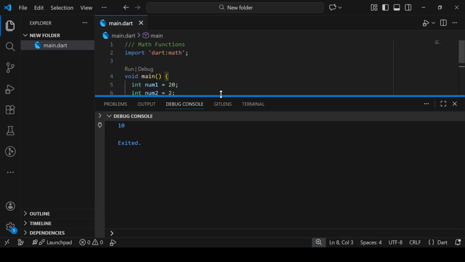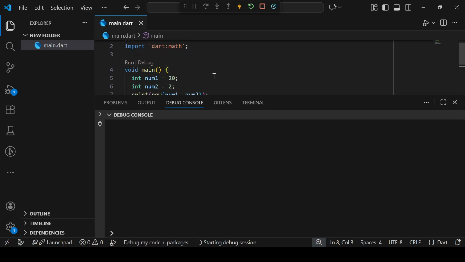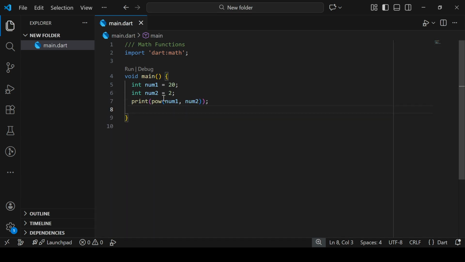Now I run it. You can see 400 is printed. So this is the pow method that takes two parameters: the first parameter is the base, the second parameter is the exponent.